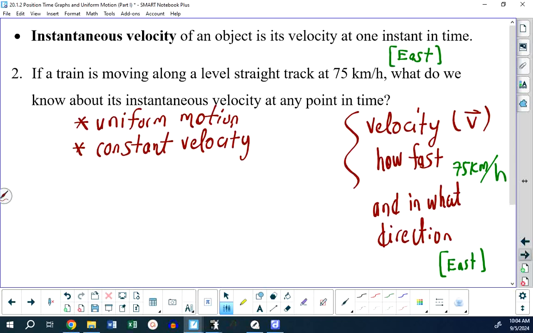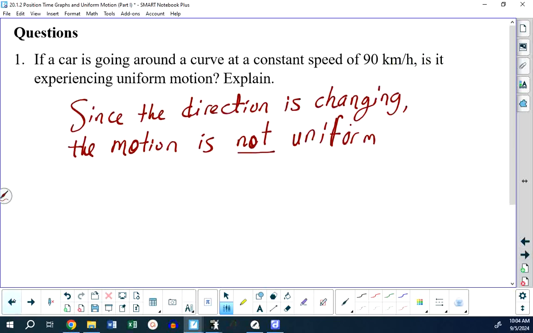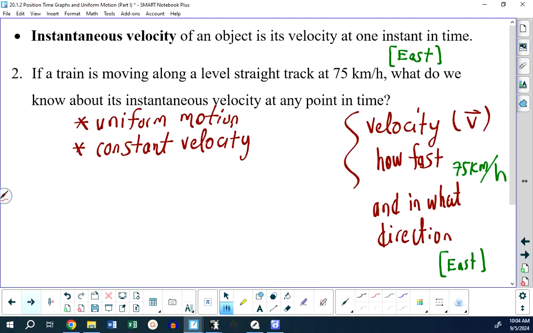Roll that around in your head. I'm not saying constant speed. This is not uniform motion because the direction is changing. It happens to have a constant speed. This is uniform motion because its speed and direction are never changing. But if the speed doesn't change and the direction doesn't change, then the velocity doesn't change.